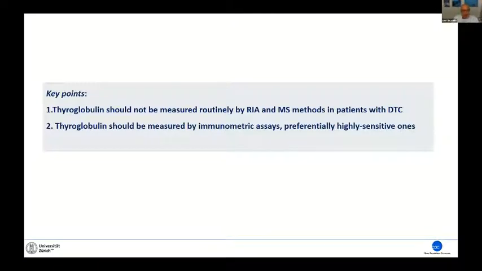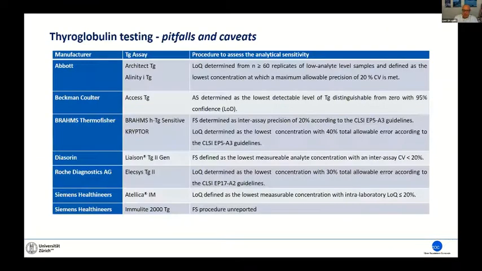On the other hand, thyroglobulin should be measured by immunometric assays and preferentially highly sensitive ones. I avoid to use mandatory, as not always it is possible for laboratories to have these types of assays, but the direction is to widely employ this type of measurements.